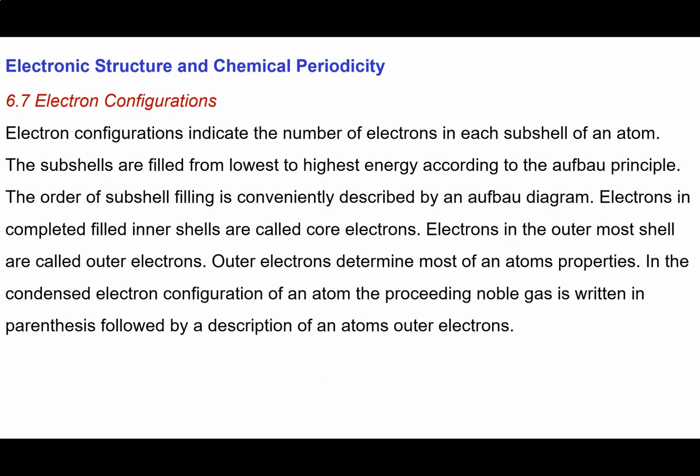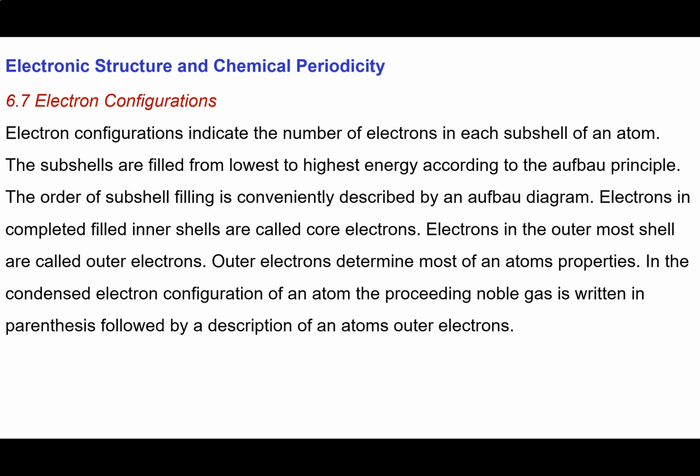Okay, so that's how we write an electron configuration. An electron configuration tells us how many electrons are in each of an atom's subshells. There are two ways of writing it. One is what we call the complete or full electron configuration, where we specify the number of electrons in every subshell explicitly. And then we have the abbreviated or condensed electron configuration, where we focus our attention just on those electrons that are in the outermost shell.